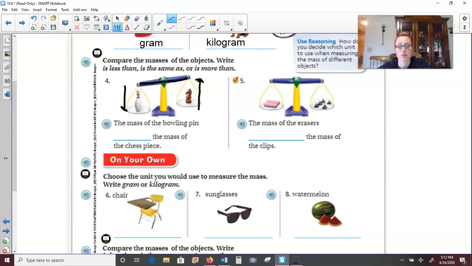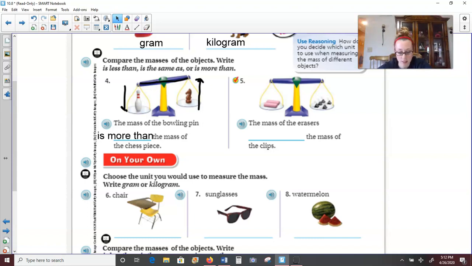So those are the clues that will tell us which object weighs more or less. Since it says the mass of the bowling pin first, the bowling pin is more than the mass of the chess piece. It weighs more because it is being weighed down, whereas the chess piece is raising up.